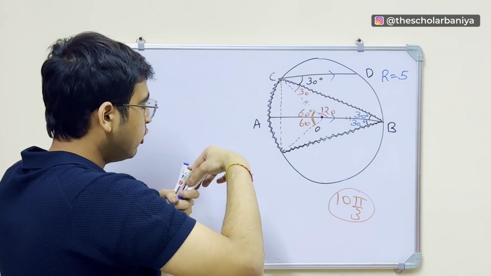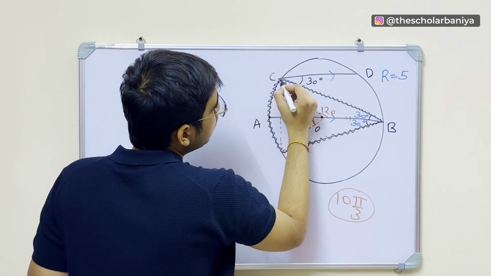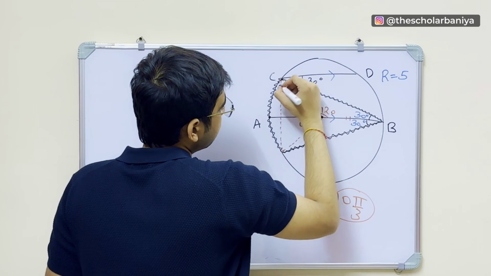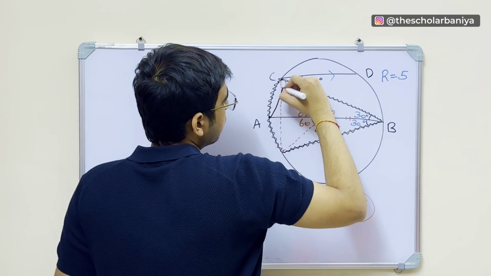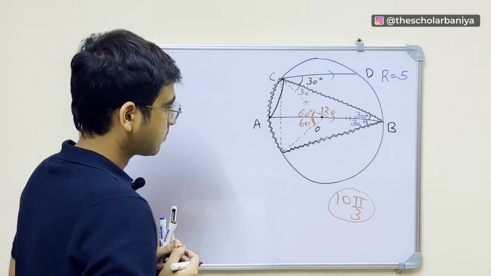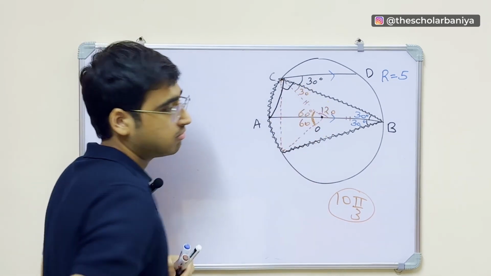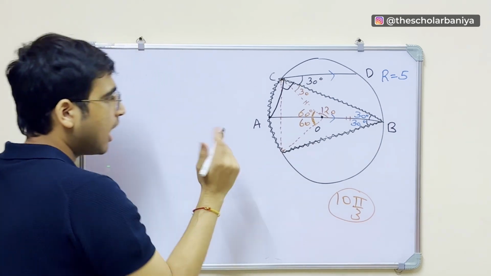If you closely look over here, if you join this point to this point, right? So this angle becomes 90. I hope you know this. How?